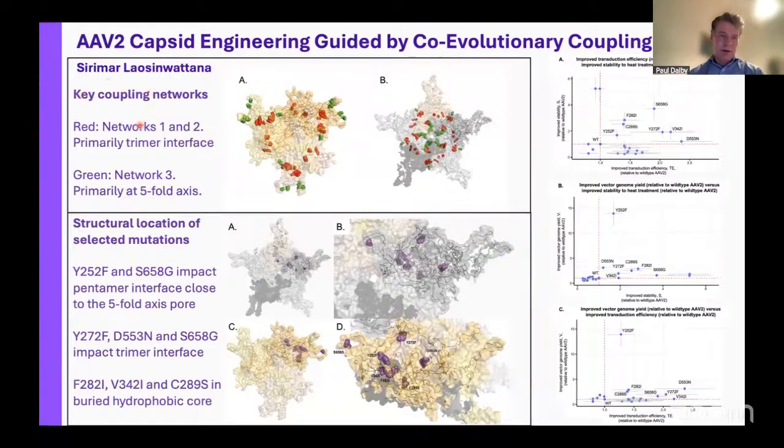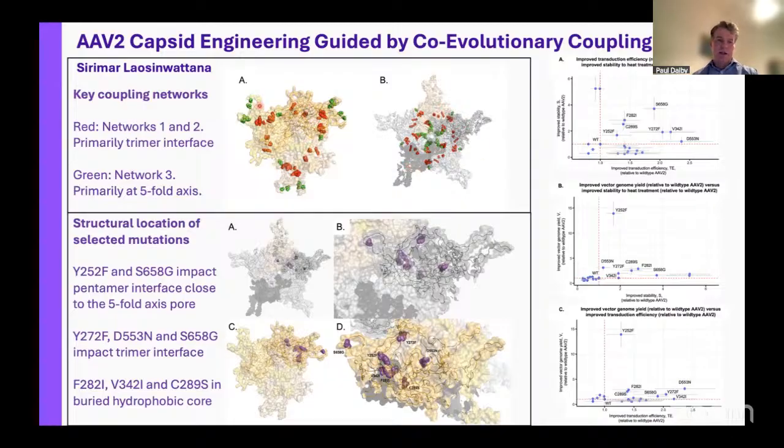Sirima has heroically carried out something like 100, in fact now 130, single point mutations in AAV2, and analyzed those in terms of their transduction efficiency, the yields we get in manufacture, and also stability in terms of heat challenges.